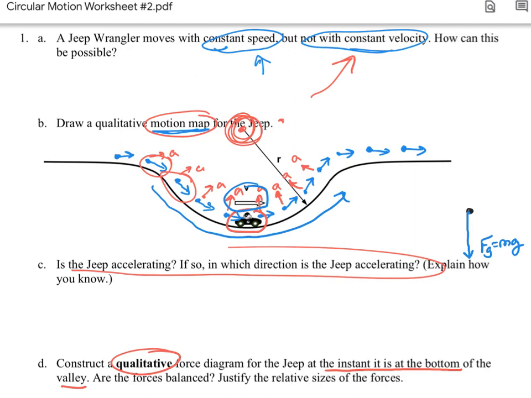So I know that if I'm going to have an unbalanced force pointed up from where he is, my upward force has to be longer than my downward force. So I'm going to draw my normal force pointed straight up to the center like that. So I know that my normal force is larger than this force here. So I have an unbalanced force pointed up, this being a little bit larger than that one.